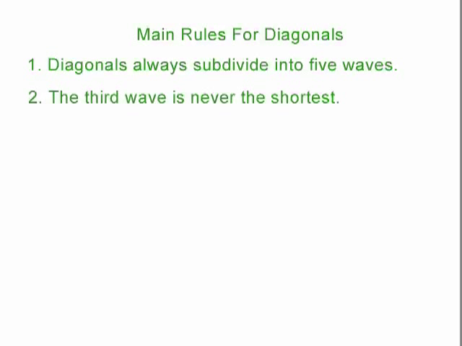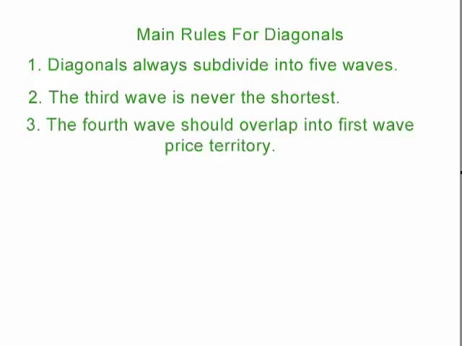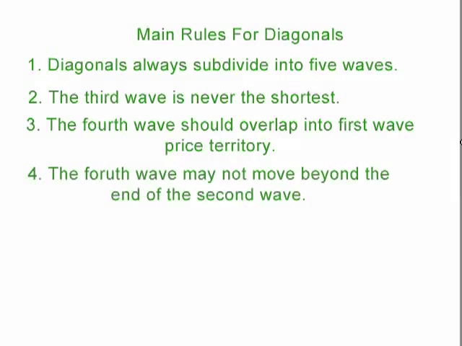Within them, the third wave may never be the shortest wave. Within a diagonal, the fourth wave should overlap into first wave price territory, and this is one of the biggest differences between diagonals and impulses. The rule for the fourth wave end of a diagonal is it may not move beyond the end of the second wave.